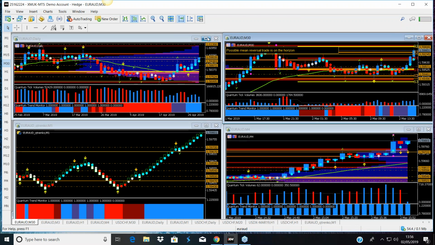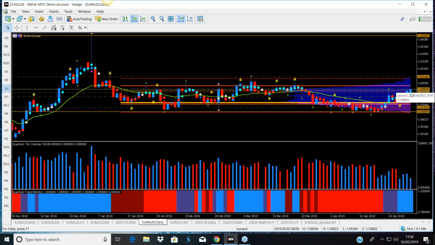And yes, we do look at the context on the daily. What is the daily telling us? We're having a pull away from the volume point of control, this sort of congestion period that we've had for this particular pair with a lot of volume underneath it, both on the up candles, and the up candles have been supportive. And if you're going to get a reversal, you need to see wider spread candles than we have here.